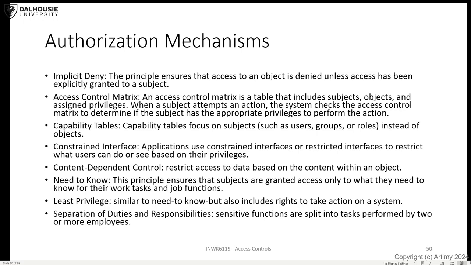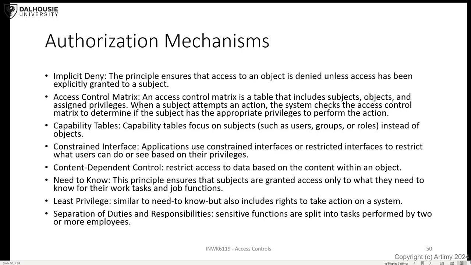Otherwise, it's denied by default, right? So if you say, okay, do I have the right or permissions to access this file? Well, unless you are given explicit permission to access that file, you are automatically denied, right? So that's a concept in authorization. Everything is denied by default.